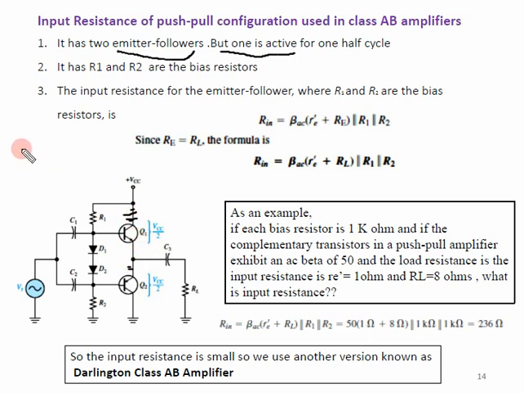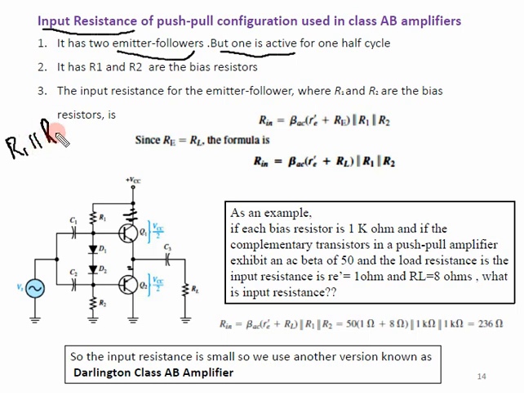By input resistance, remember, this parameter is an equivalent resistance of the biasing resistance. So R1 parallel to the other biasing resistor, R2.